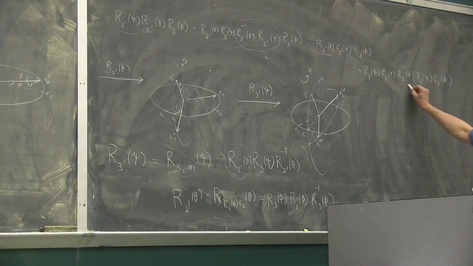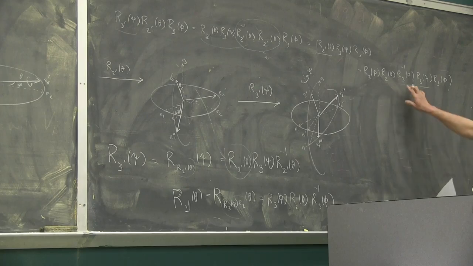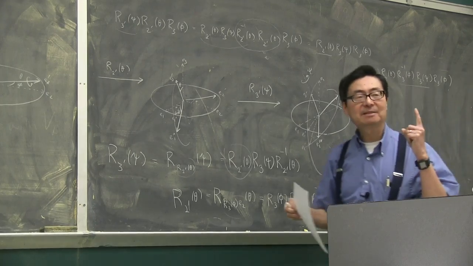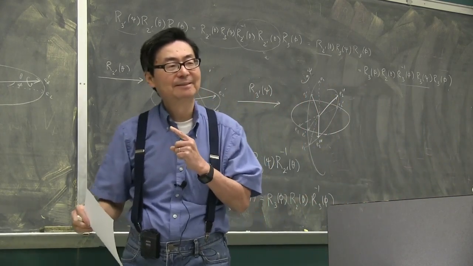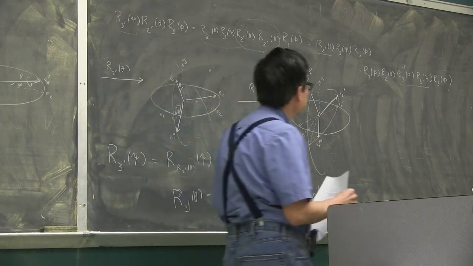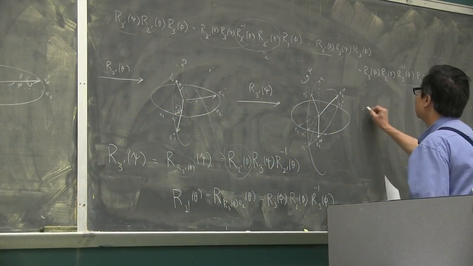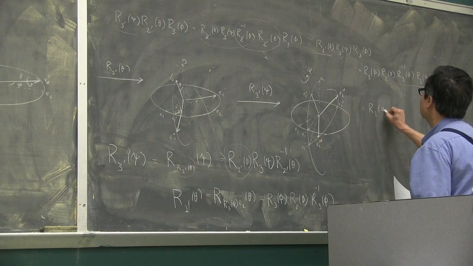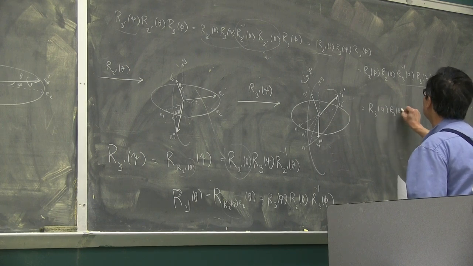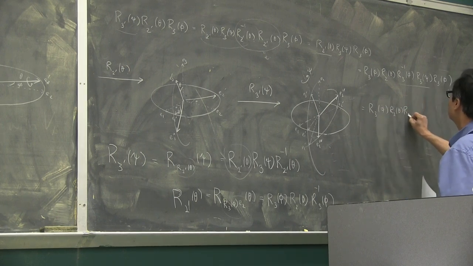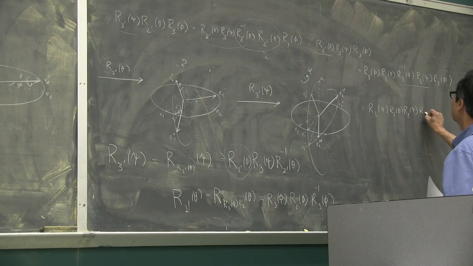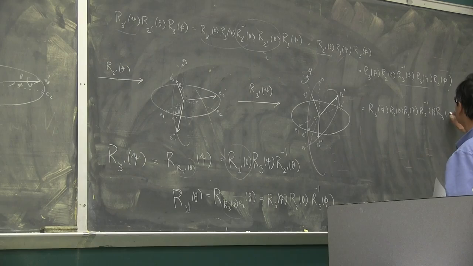But now let's take a look at these two in here. These two are rotations about the same axis, so they commute. Okay, so I can change the order, and so I can write R3 phi, R2 theta, R3 psi, R3 inverse phi, R3 phi.